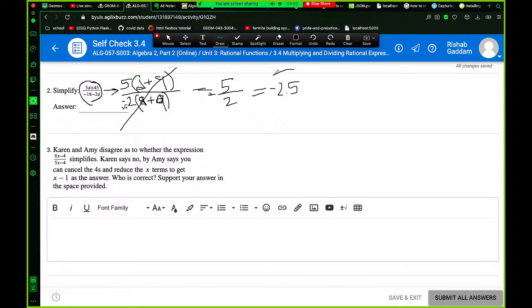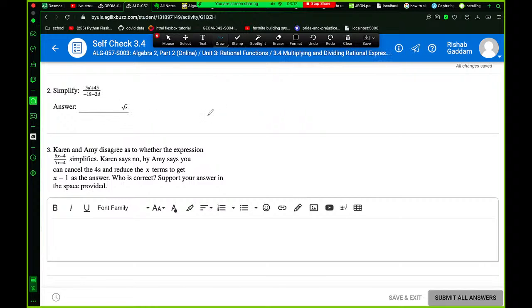So this is what we're going to enter here. I'm just going to enter it in fraction form. Negative 2.5. Okay, there we go.